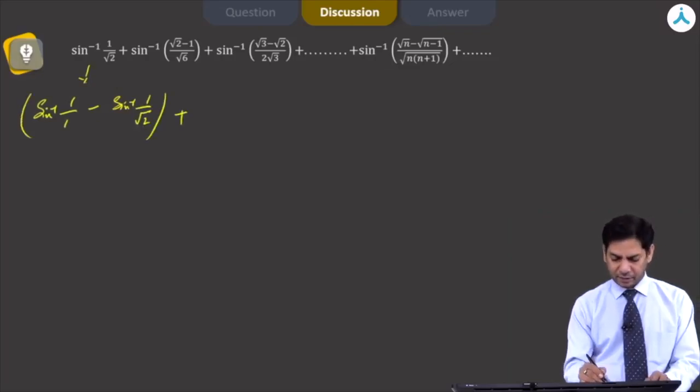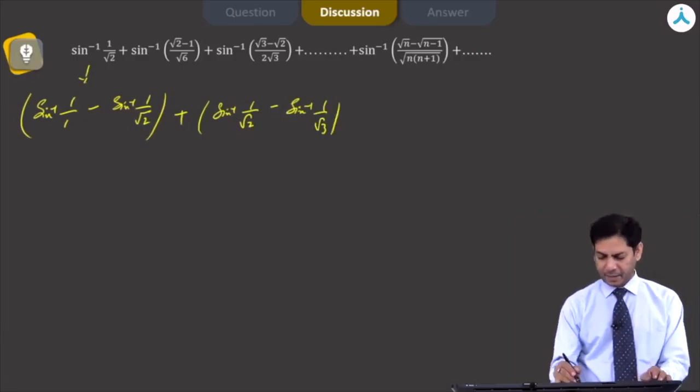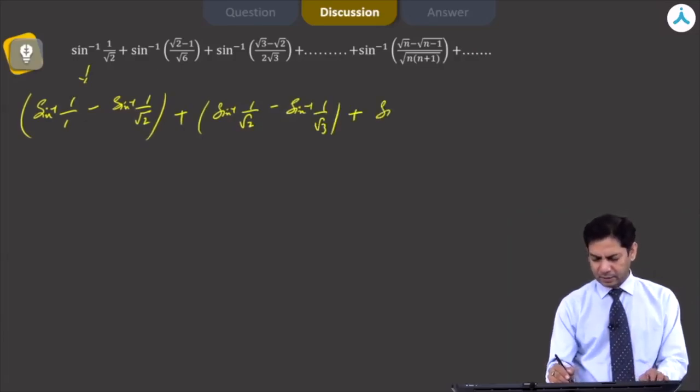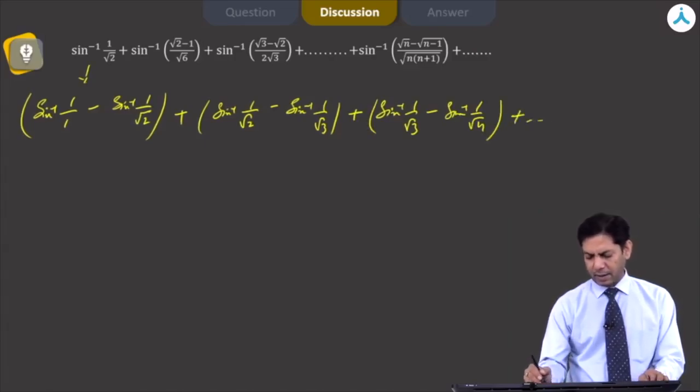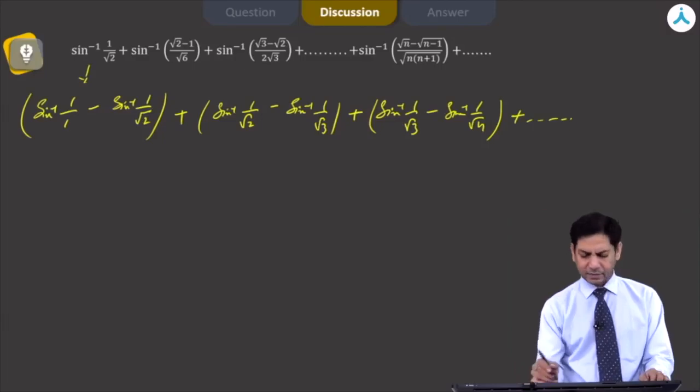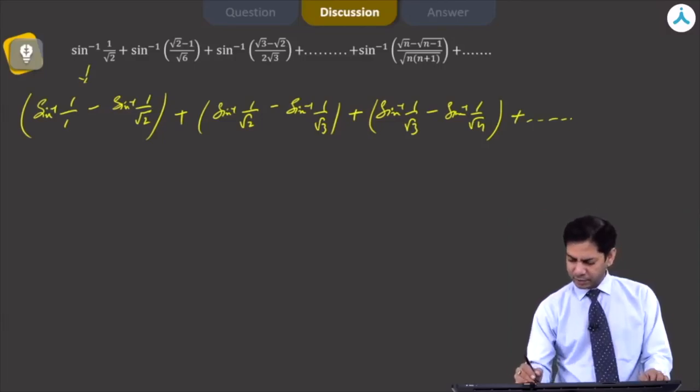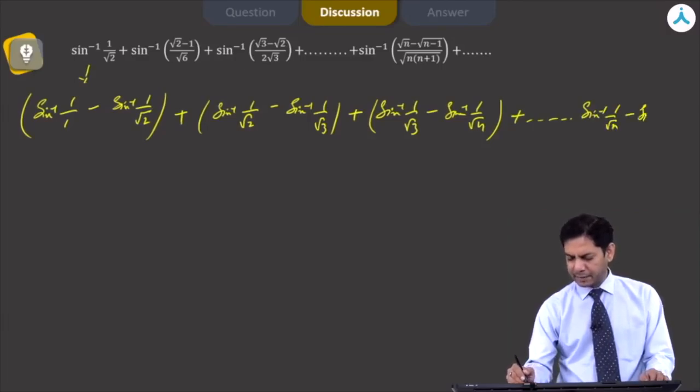The second term will split as sine inverse 1 by root 2 minus sine inverse 1 by root 3, and the third will be sine inverse 1 by root 3 minus sine inverse 1 by root 4 and so on. And let's write the nth term for this. The nth term will split into sine inverse 1 by root n minus sine inverse 1 upon root of n plus 1.